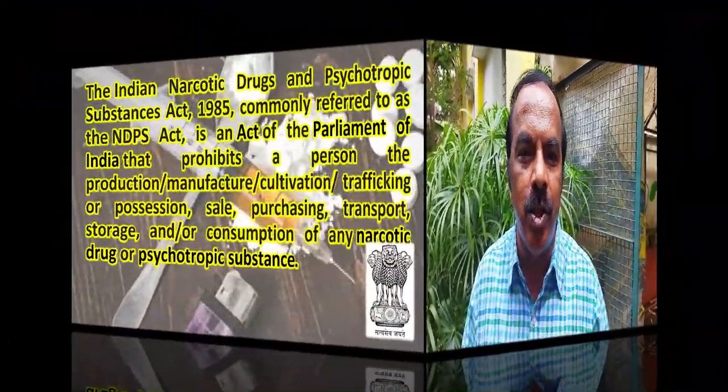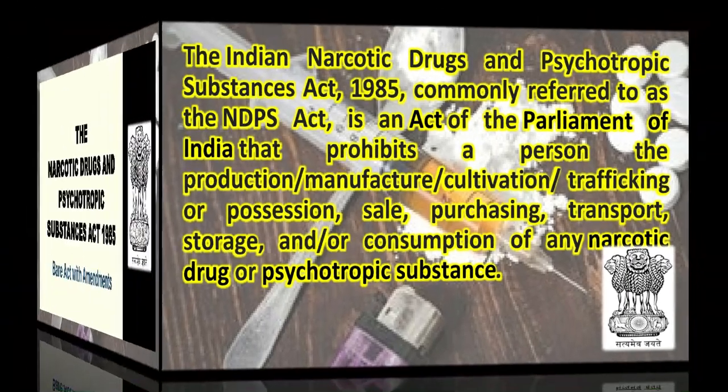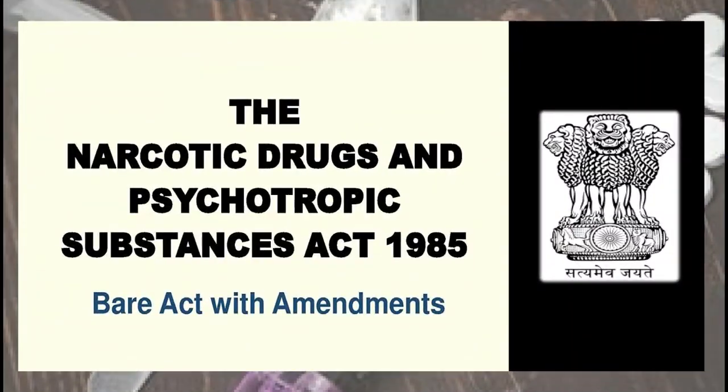India had no legislation against the use of narcotics till 1985. Only in 1985, India brought out the NDPS Act. Knowingly or unknowingly, people have been using narcotics from time immemorial. Even the Greeks were using narcotic substances for a long time.